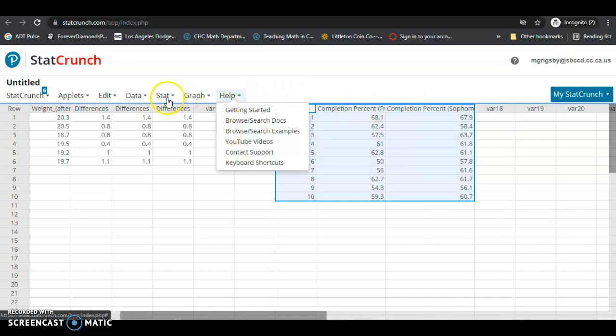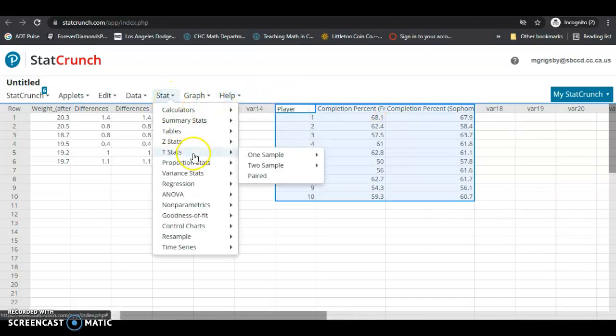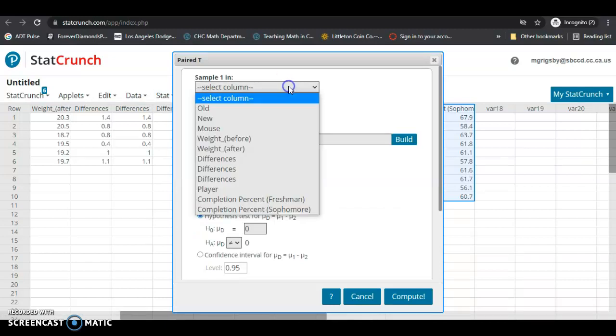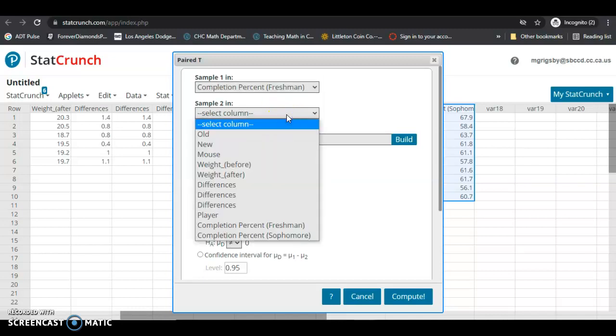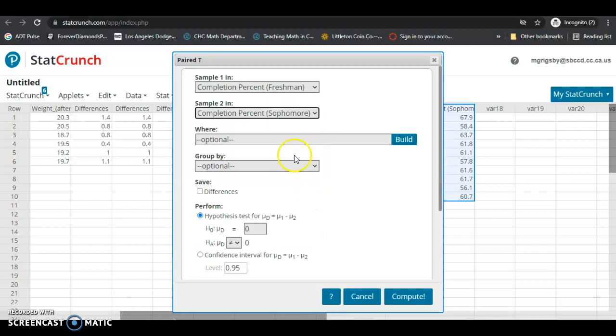So what we're going to do is go to the Stat menu, select T-Stats, and then select Paired because the data is paired. Sample 1 would be the completion percent for the freshman level quarterbacks, and sample 2 is the completion percent for the sophomore level quarterbacks. These are both for the same quarterbacks.